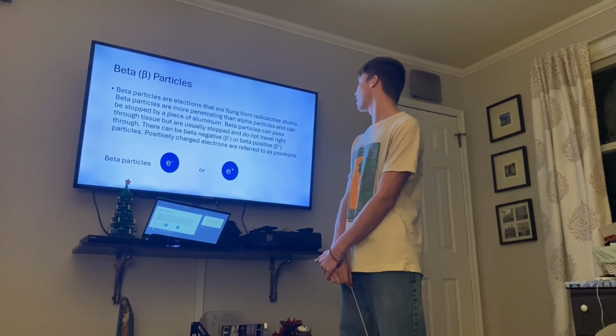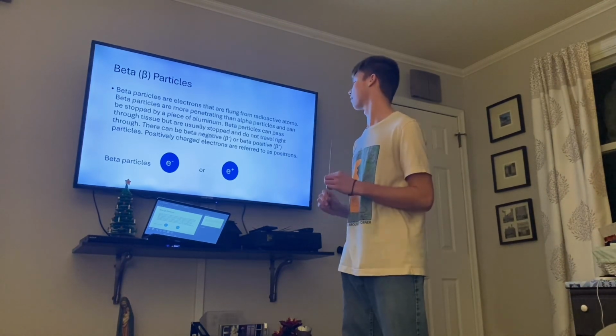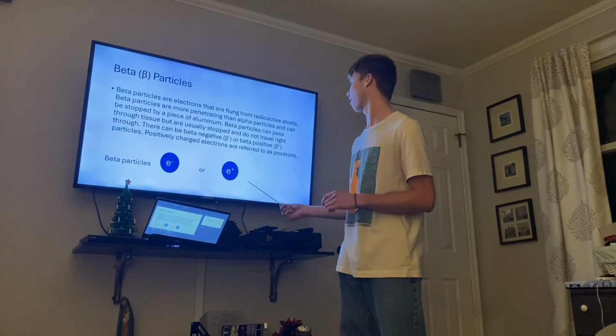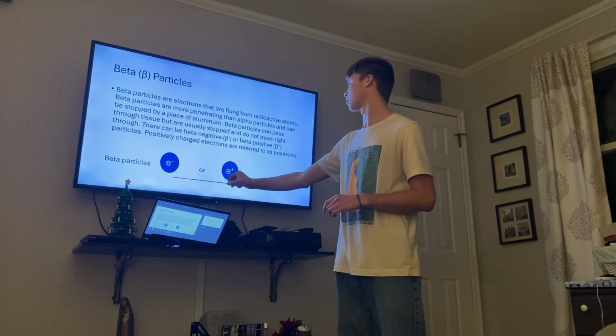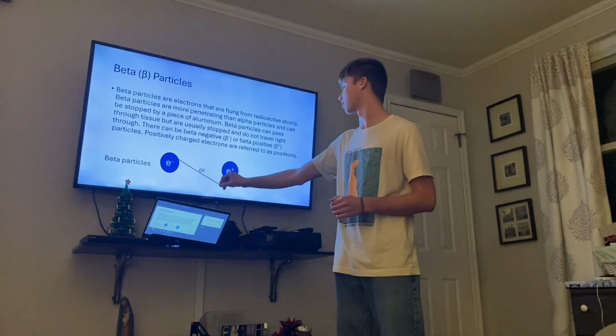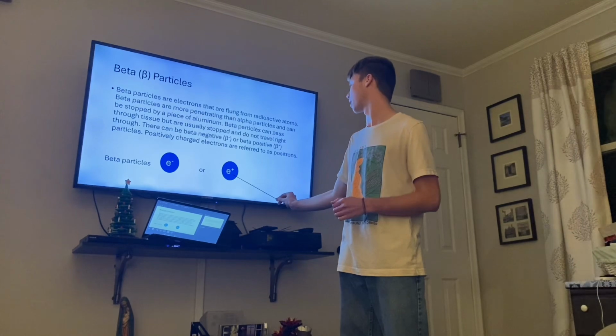There can be beta negative discharge or beta positive discharge particles. Positively charged electrons are referred to as positrons. So these are beta particles, which is another name for electron radiation. So this is traditional beta radiation, and this is positive beta radiation.